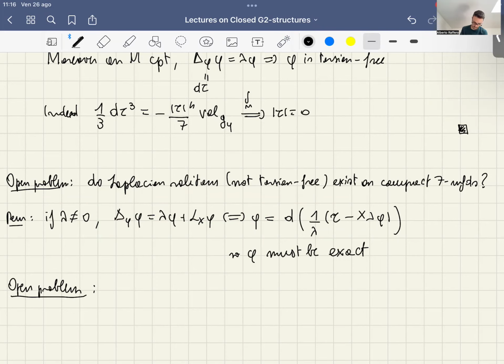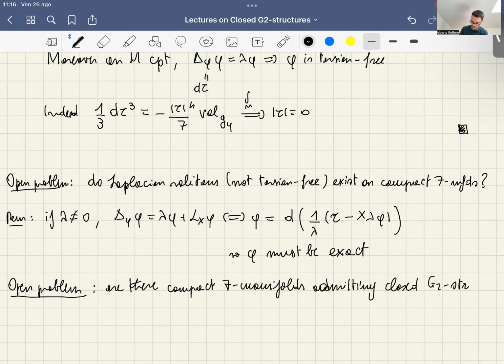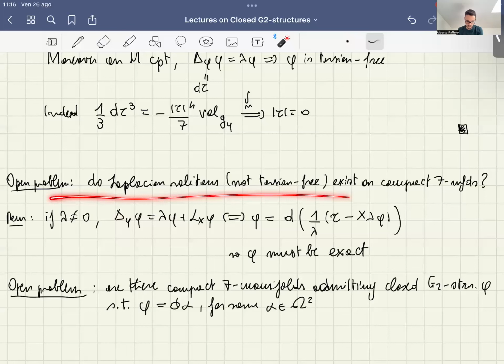So the following are the compact 7 manifolds admitting closed G2 structures such that the three form defining it is exact. We do not know the answer to this, and so in particular, this problem of the existence of Laplacian solitons on compact manifolds is related to this more general problem.